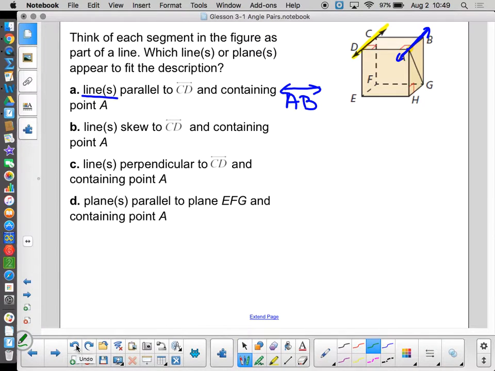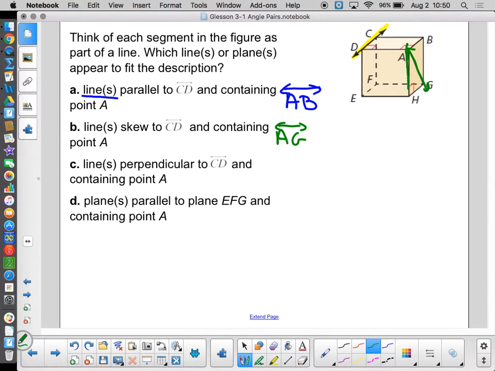What about lines skew to CD containing point A? Oh, well, this gives us a few more options, doesn't it? In fact, there's probably a whole lot of options here. So let's see what we got here. AG as a line does not intersect DC, but is not in the same plane, so AG would be a skew line.